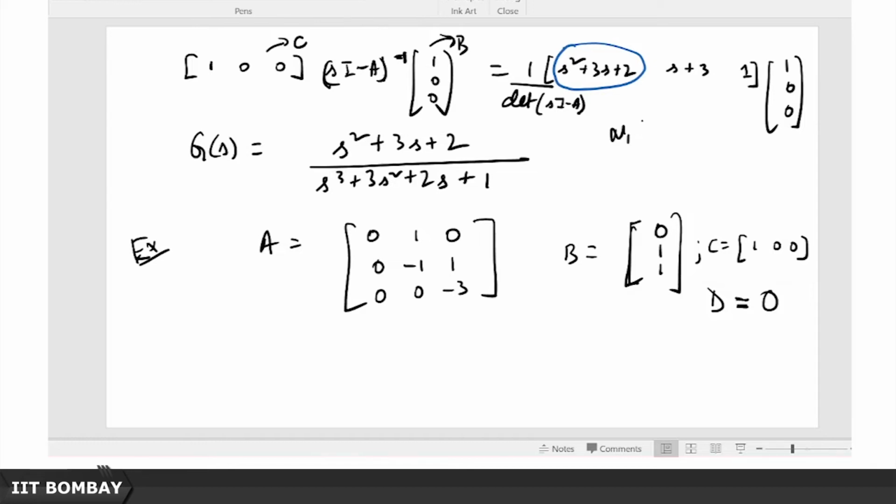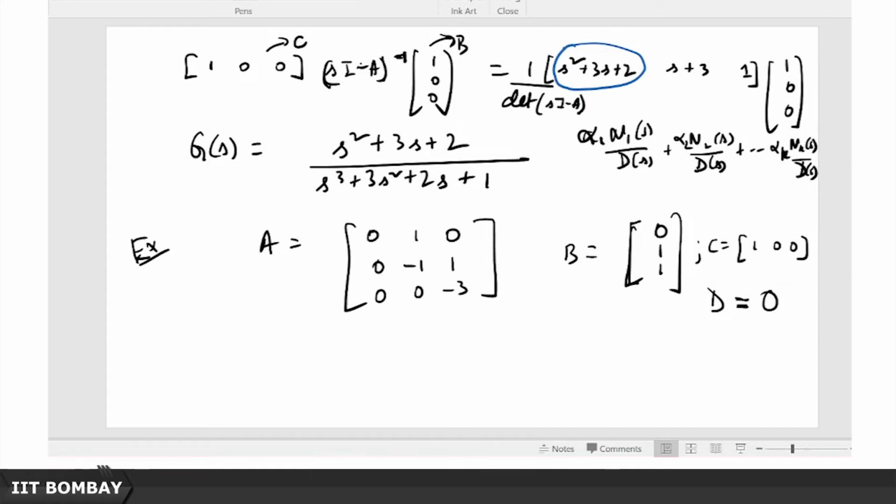So you have alpha 1 n1(s) upon d(s) plus alpha 2 n2(s) upon d(s) plus so on and so forth, alpha k nk(s) upon d(s). So the d(s) is common. Why is the d(s) common? Because in this case the d(s) is basically the characteristic polynomial. Now if you are adding terms like these, that is basically what this C is suggesting you to do.